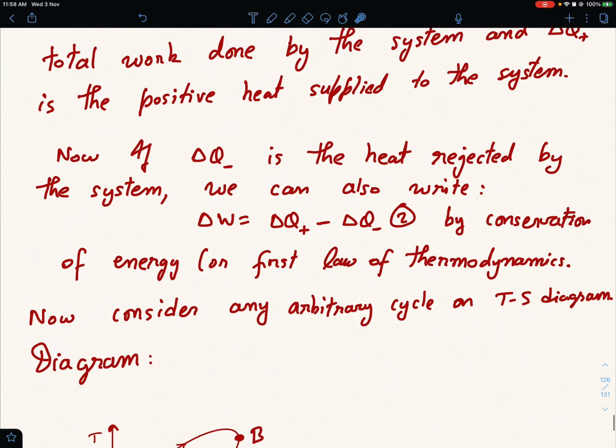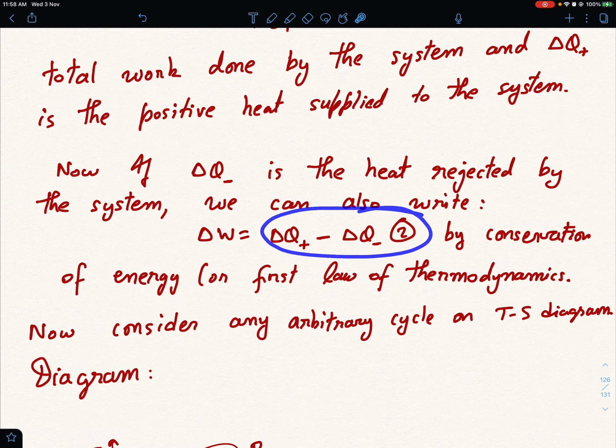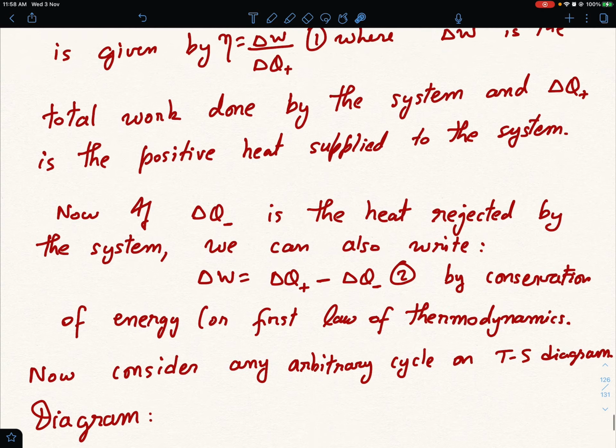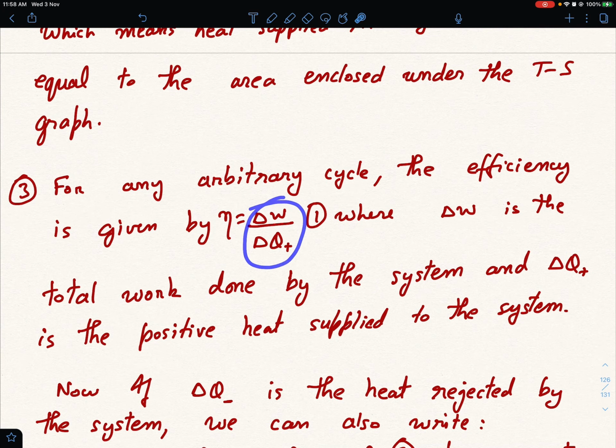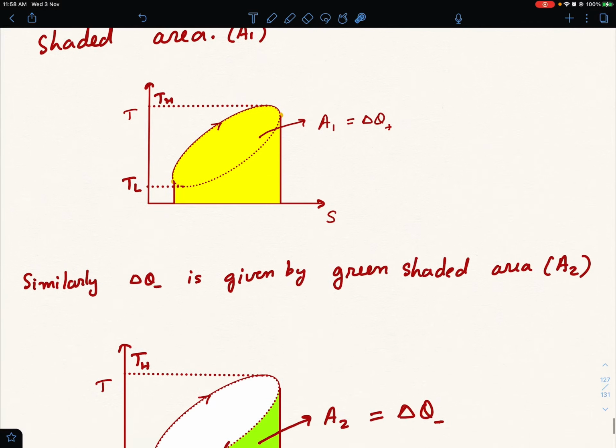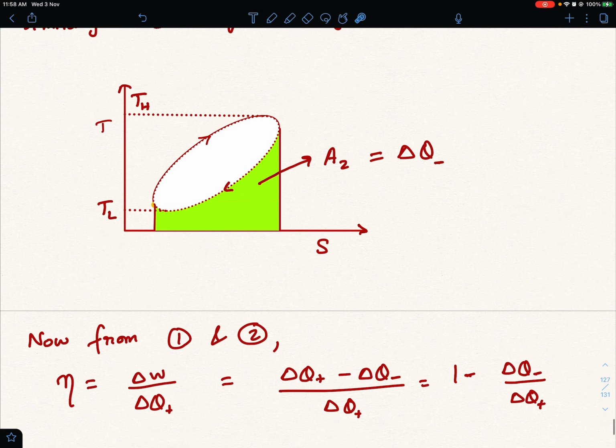Now what is the efficiency from equations 1 and 2? Equation 2 is delta W equals delta Q plus minus delta Q minus, and eta is delta W divided by delta Q plus. So using these two equations, the efficiency is delta Q plus minus delta Q minus divided by delta Q plus, which, if you divide through by the denominator, gives 1 minus delta Q minus divided by delta Q plus.